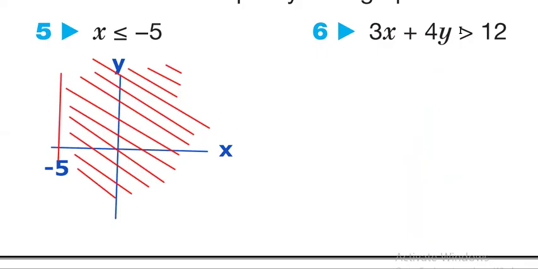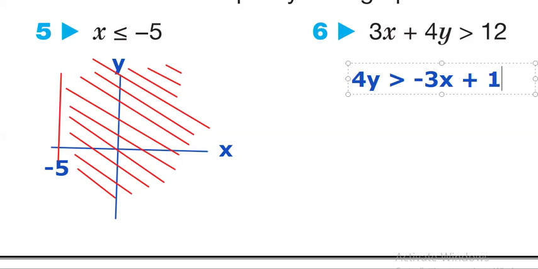Okay, so first we rearrange this. So it's going to be like this. I'm going to take the 3x to the other side. So I'm going to say 4y bigger than 12 minus 3x. So we rearrange them as y equals mx plus c, plus 12, okay?